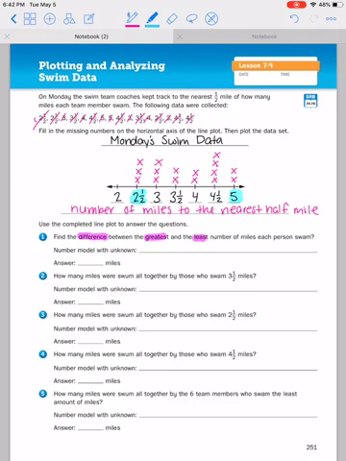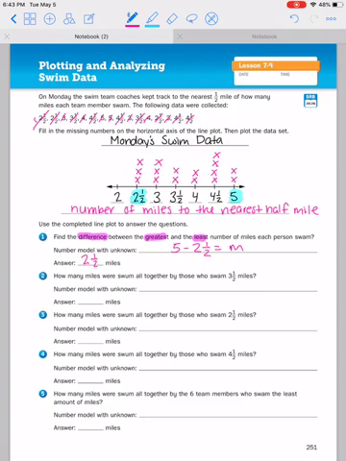Because 2 1/2 has 3 people that swam that, and nobody swam 2 miles. So I'm going to do 5 minus 2 1/2. And we would put the M for miles. And if I did 5 minus 2 1/2, I would get 2 1/2 miles.